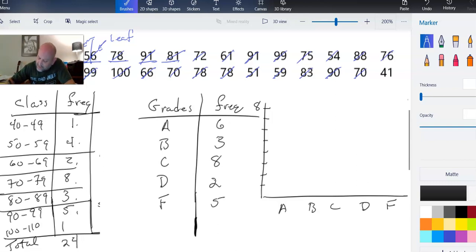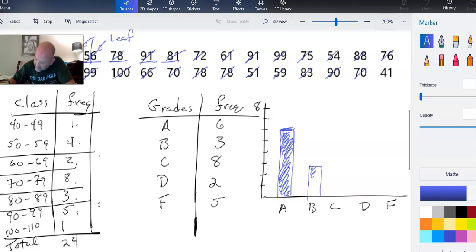But what you would do here is you would just draw an independent bar, and you would try to make it look better than mine, right? So you'd have a bar here by itself. And then for B, that only goes up to 3, so that would be here.